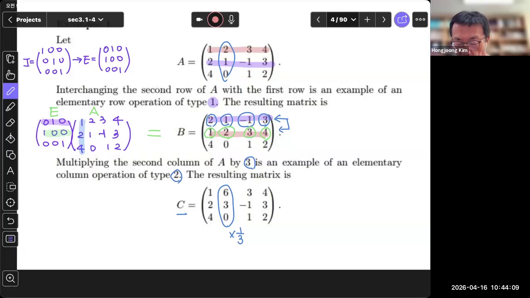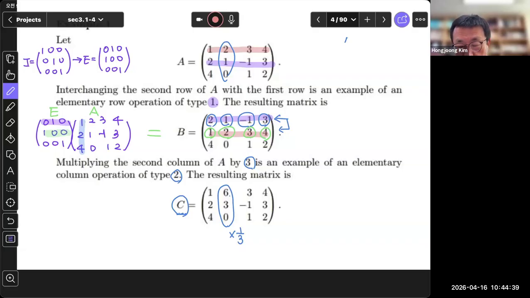Now, given the 4 by 4 identity matrix, I obtain the 6 3 0 in the second column of C by multiplying the second column of A by 3, right?